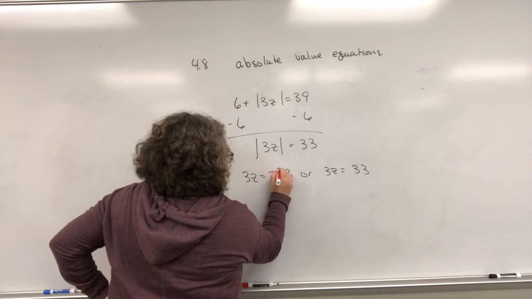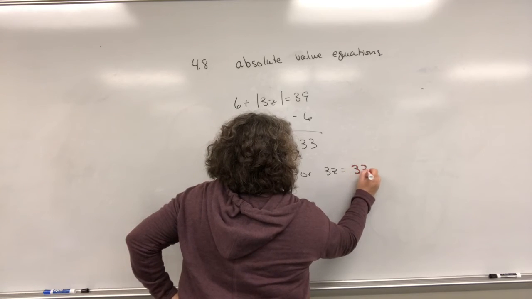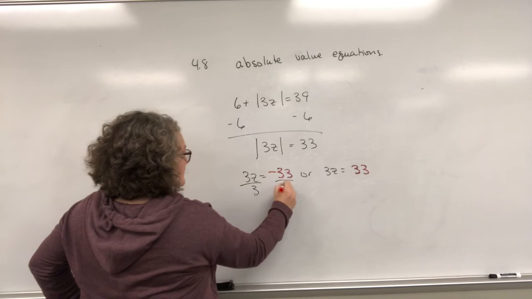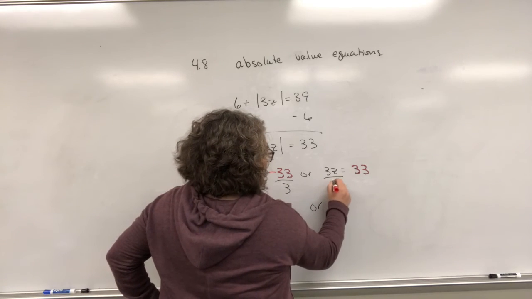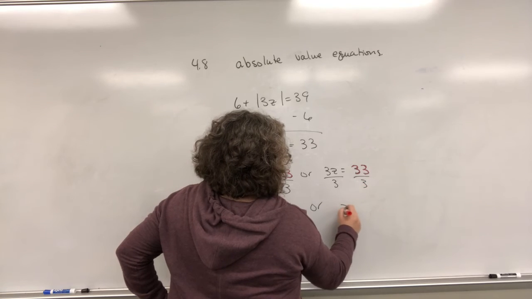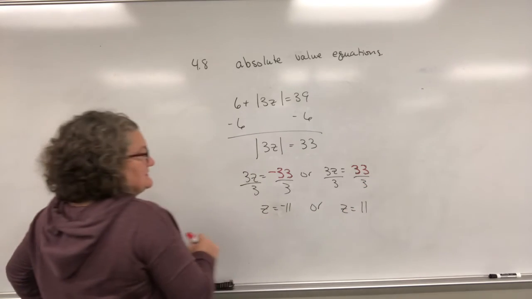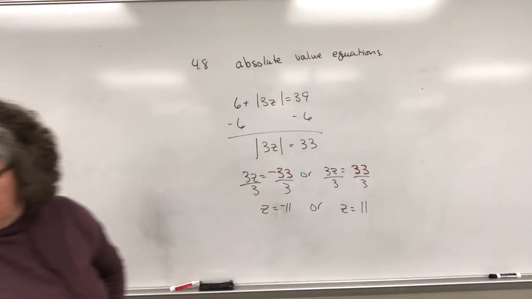Now I can solve it. I divide by 3, z equals negative 11, or divide by 3, z equals positive 11. It is not always going to be the plus and minus of the same number. You just have to solve it out and see what you get.